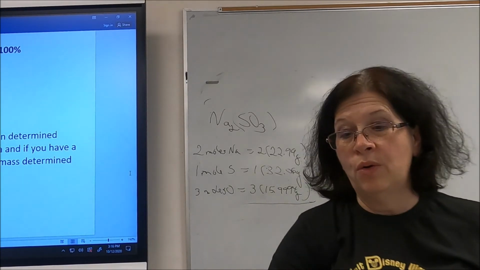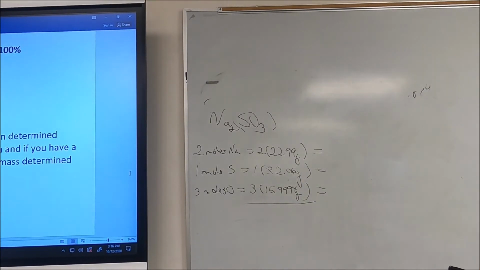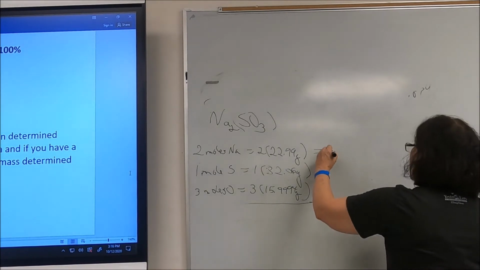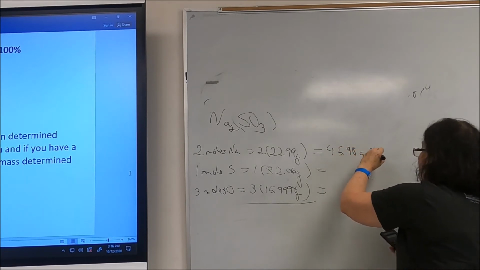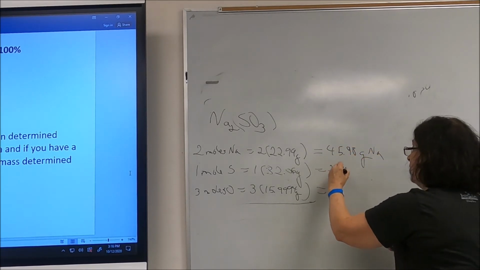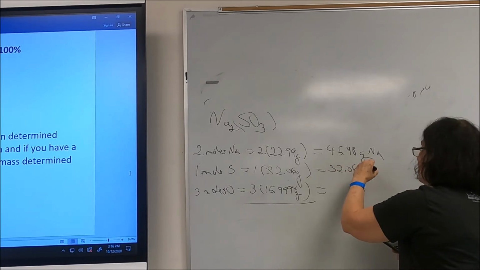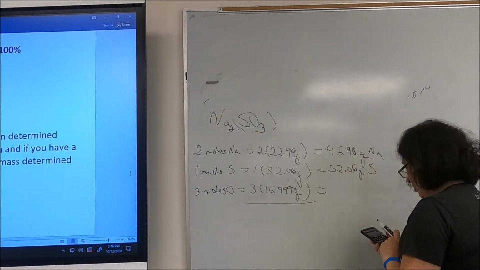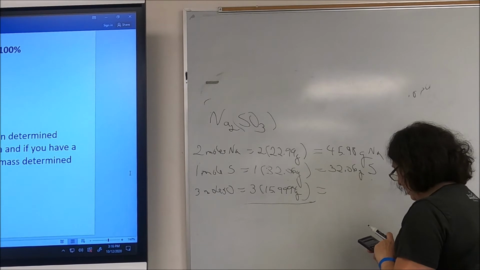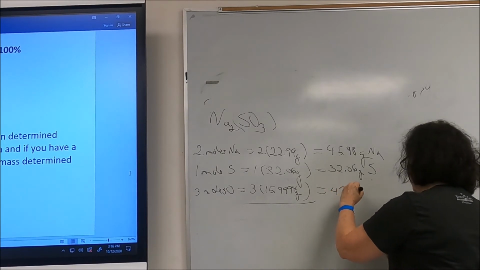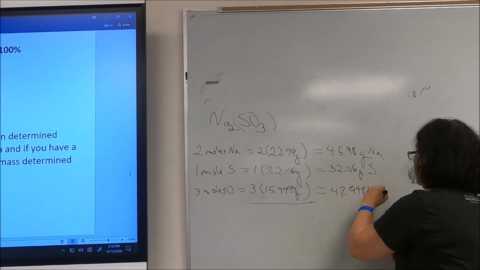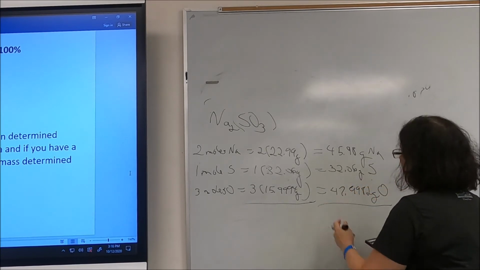So 2 times 22.99 gives me 45.98 grams of sodium. And then I have 32.06 grams of sulfur. And then 3 times 15.9994 is 47.9982 grams of oxygen.